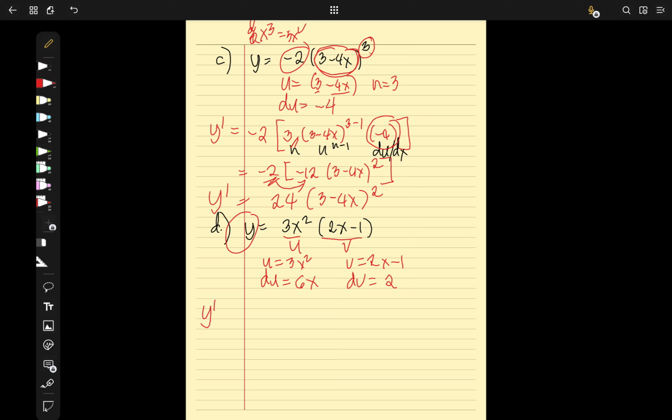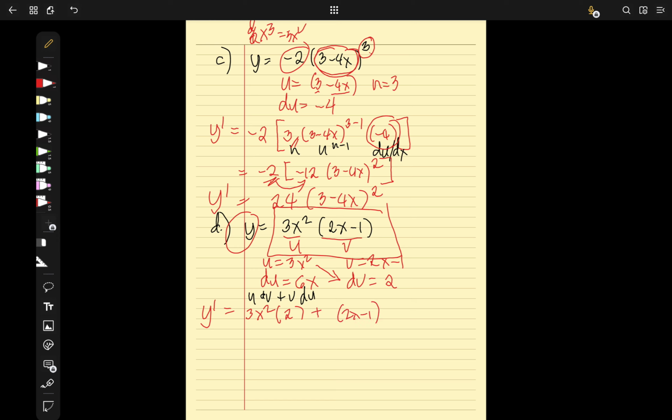Now, the derivative of the right side, we follow the formula. Our formula is u dv plus v du. So, our u is 3x squared times dv, which is 2, plus v, which is 2x minus 1, and our du is 6x.